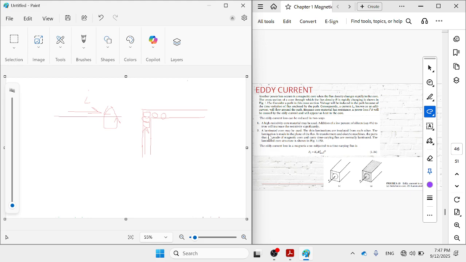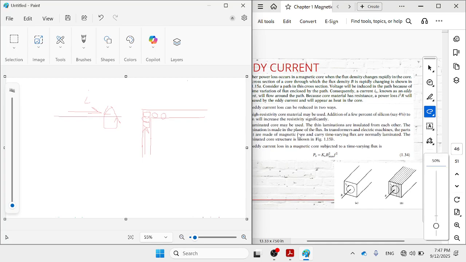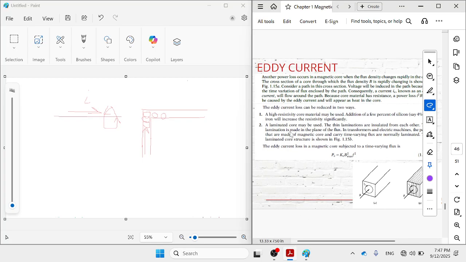These losses cannot be avoided, but engineers make the core of the transformer and electrical machine in lamination. I will try my best in the next session, week 4, face to face, to present the transformer coil and the electrical machine coil in DC to you to see how the laminations are. Another way to avoid this is to add another material to the core for high resistivity. If you have high resistivity, this circulation can be reduced.